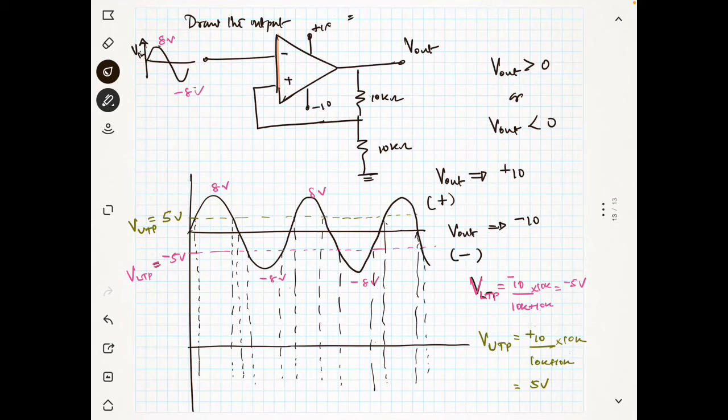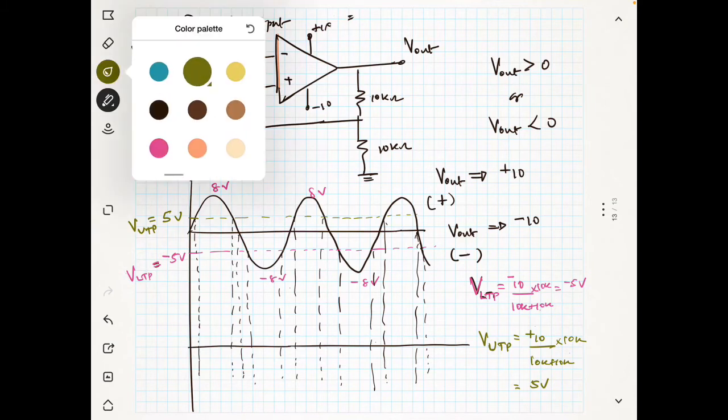Now I told you I will start with the assumption. Its output was positive. If the output was positive, what will be the output at this point? Let's say, yeah, it is comparing. If output was positive, this will be 5 volt.